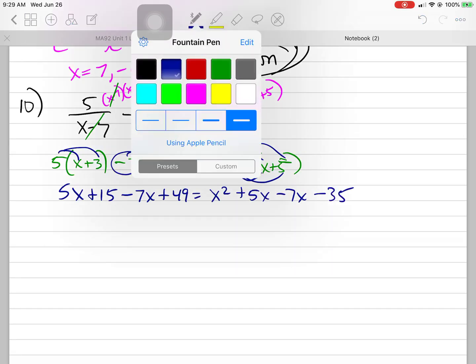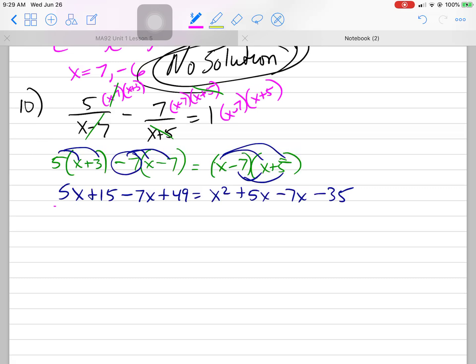Okay, and then I need to combine like terms. Let's see, there's an x term there and an x term there. So negative 2x, positive 15, positive 49. 15. Hang on. Plus 3.